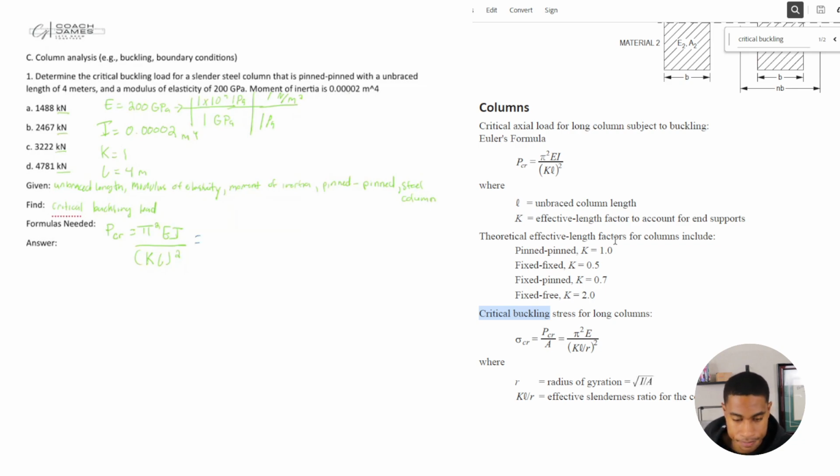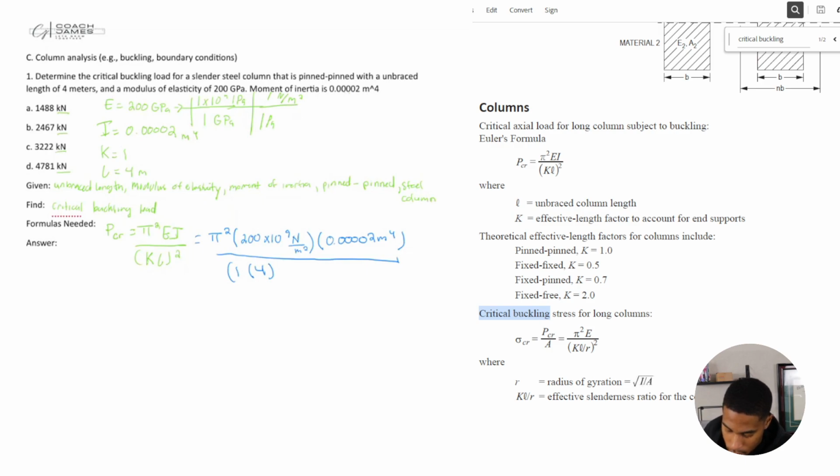So this is all equal to, let's plug and chug, pi squared times 200 times 10 to the 9th newtons over meter squared, times 0.00002 meters to the 4th, all over K, which is just 1, times, what's my L? 4 squared.